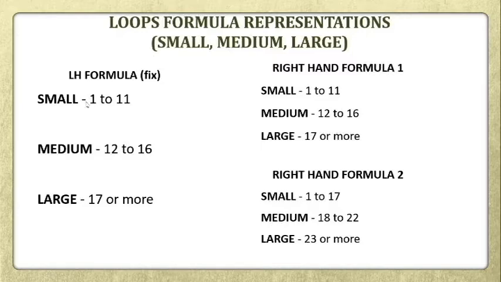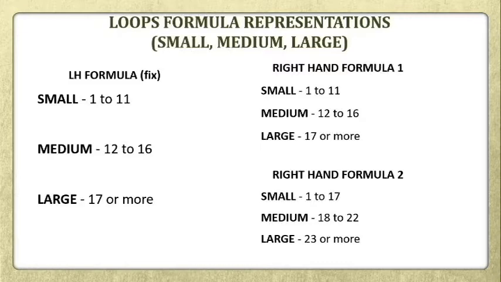Because if the ridge count of the left thumb is 1 to 11 or 11 below, that is small. 12 to 16, that is medium. 17 or more, that is large.